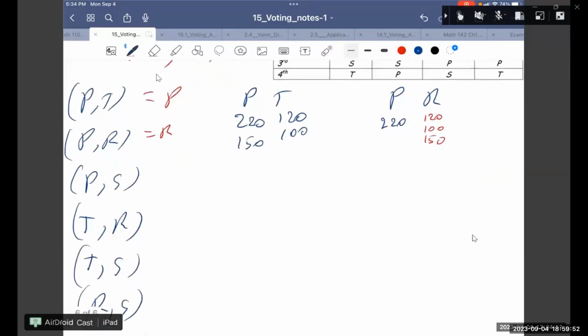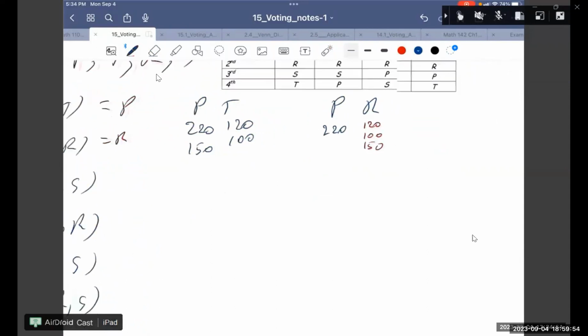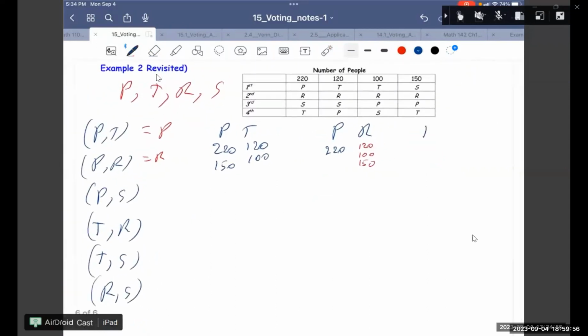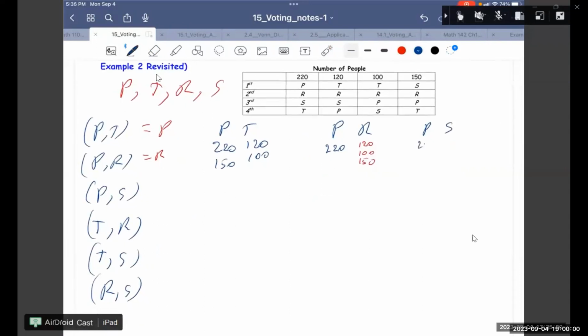And then we have PS. PS. So P is 220. This one is 120. 100. And S 150.